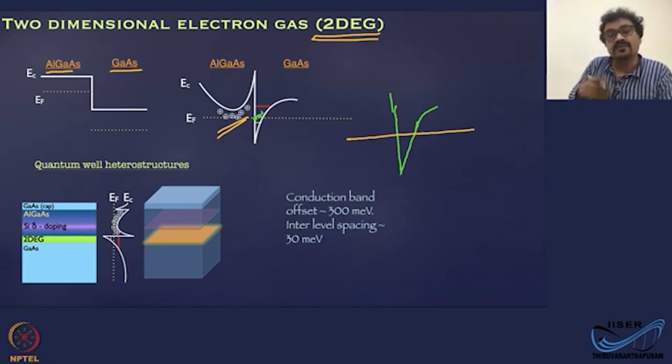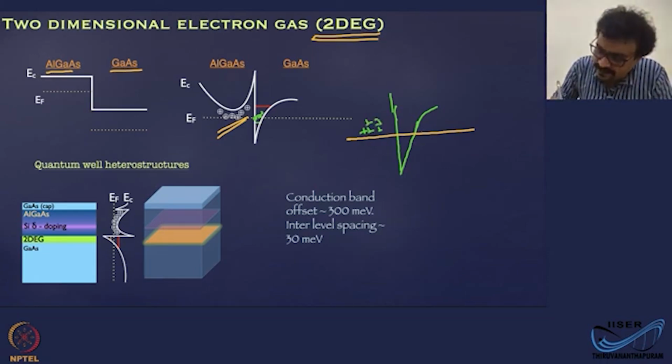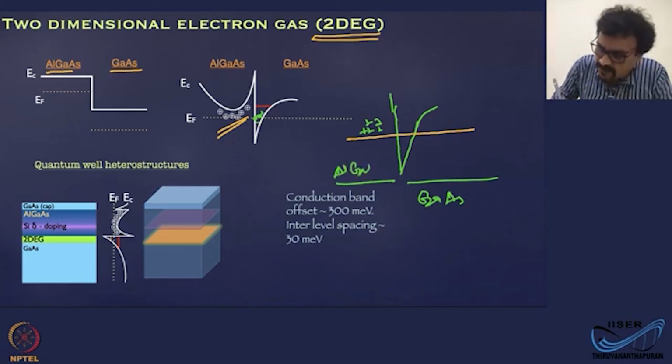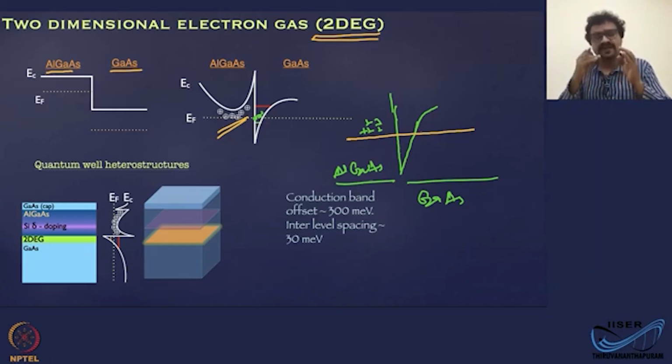This Fermi level is defined by the number of electrons and dopants, and the dopants are here. This is the gallium arsenide side, and this is the aluminum gallium arsenide side. Now you engineer, because you can grow atom by atom, layer by layer, using technologies such as molecular beam epitaxy or MOCVD, metal organic chemical vapor deposition.